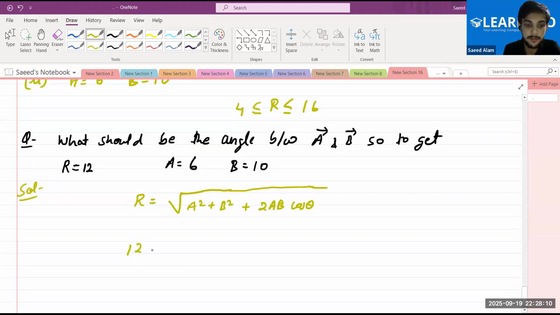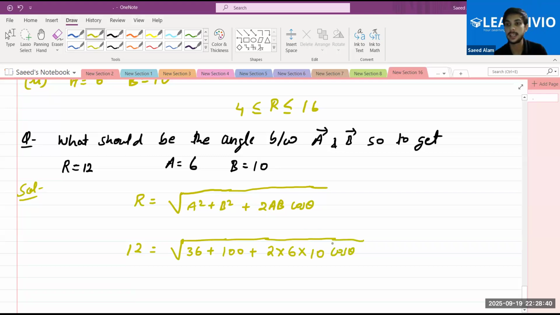I'm keeping this to be 12 equals the square root of A square, which will be 6 square, 36. B square will be 100, plus 2 times A, which is 6, times B, which is 10, times cos theta.